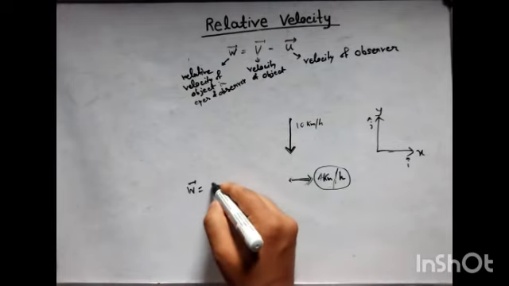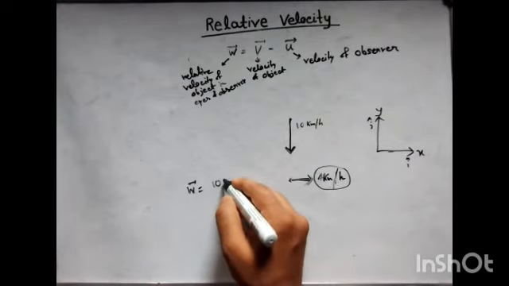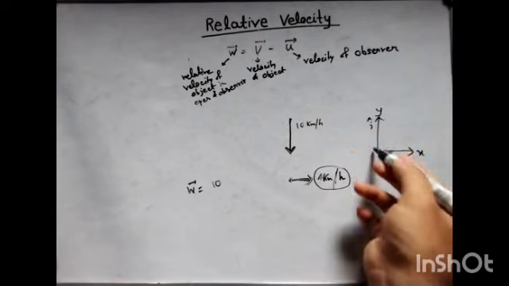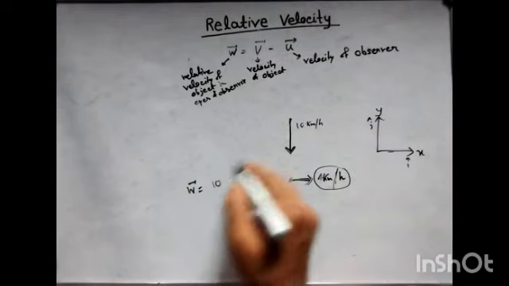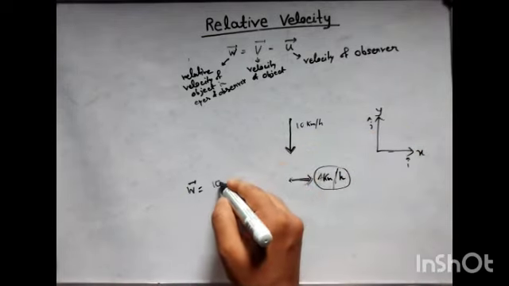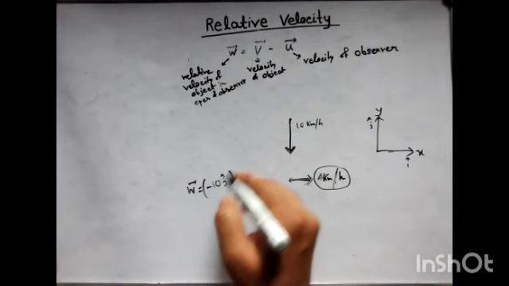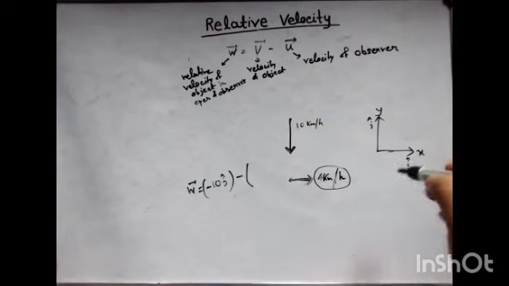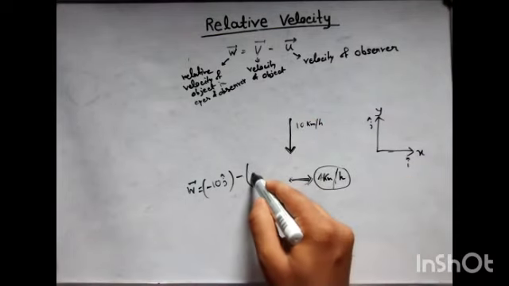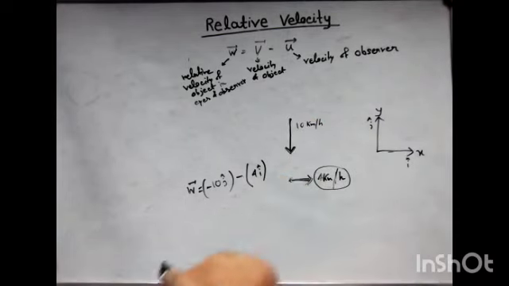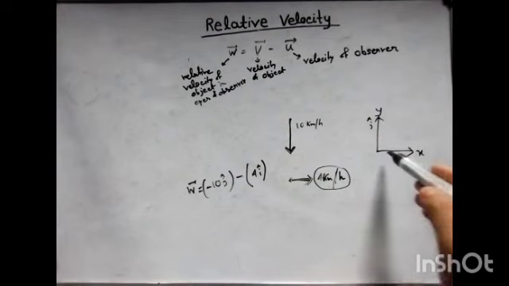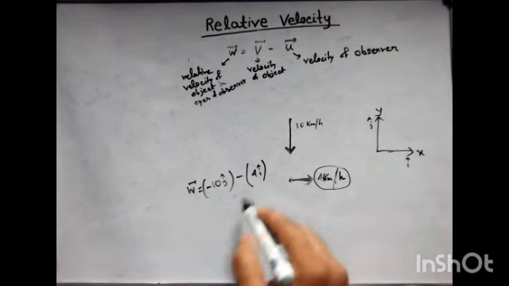So the velocity of rain is minus 10 j cap, because the rain is falling downwards, minus u vector. What is u vector? 4 i cap, 4 kilometer per hour towards i cap.